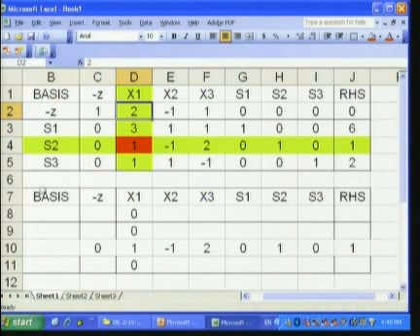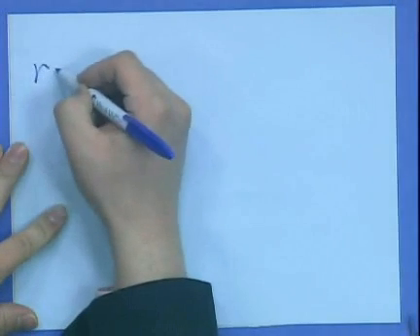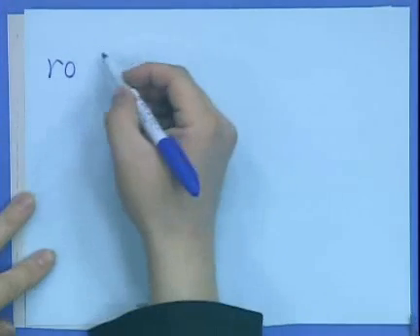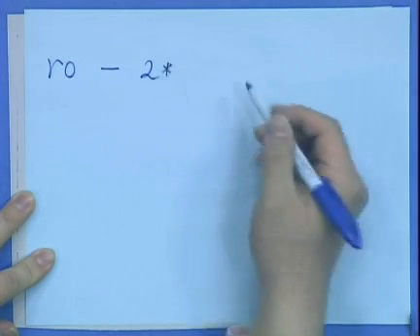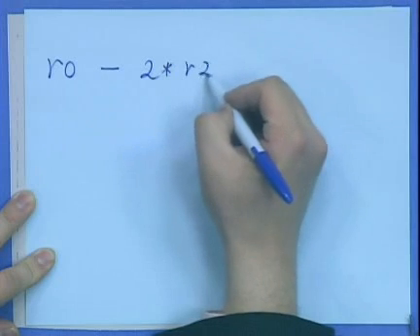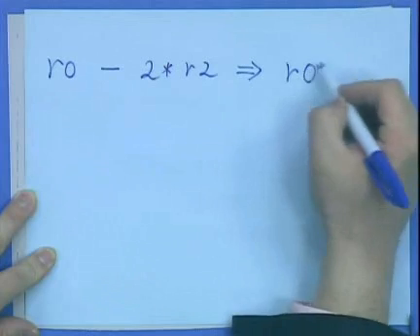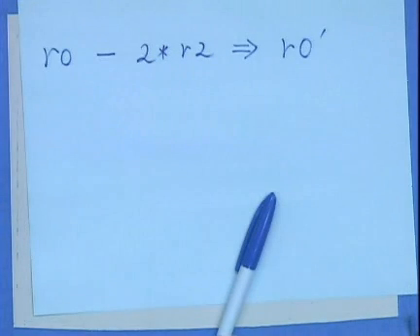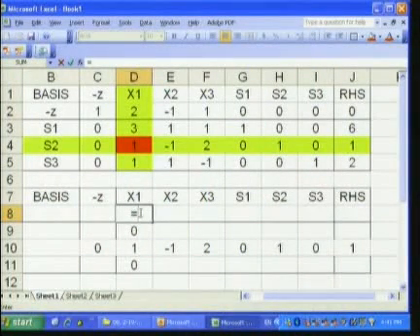Let's say the objective function row is row number 0. Then the current row number 0 minus 2 times the pivot row, which is row number 2, becomes the new row number 0, okay? So in Excel, let's put this equation.